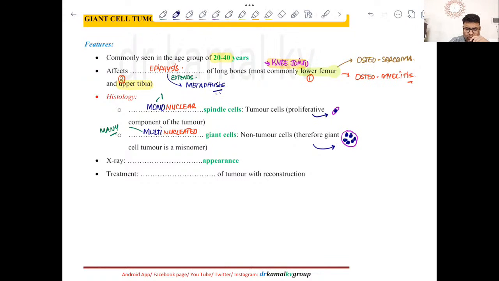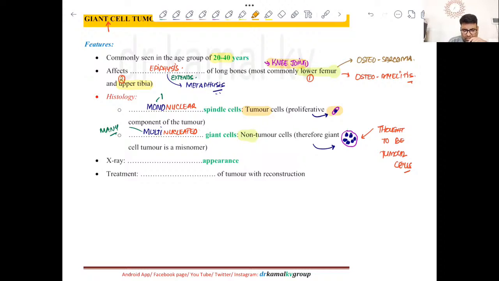And in the old era, it was thought that these are the tumor cells, right? So these were thought to be the tumor cells, and therefore the name given was giant cell tumor. But later on, it was realized that these are the non-tumor cells. In fact, the mononuclear cells are the tumor cells.